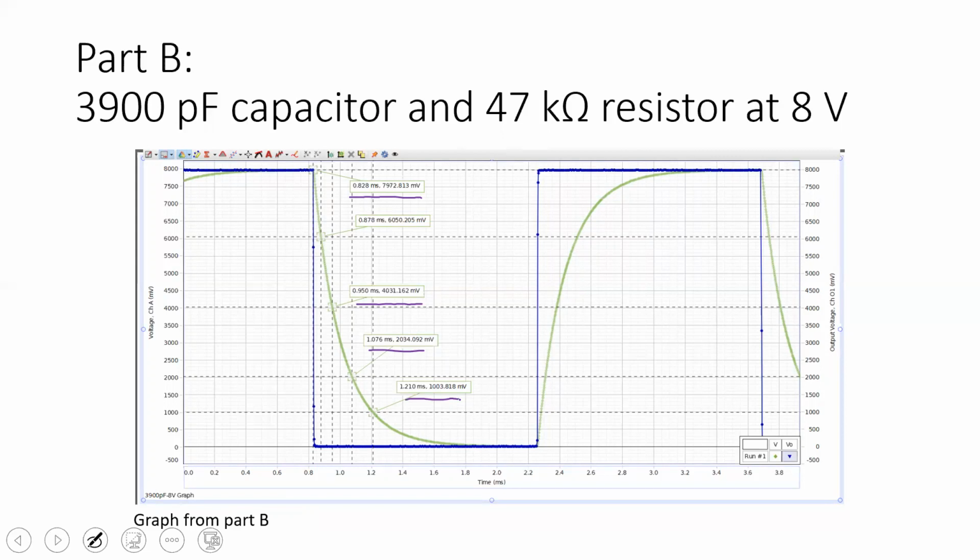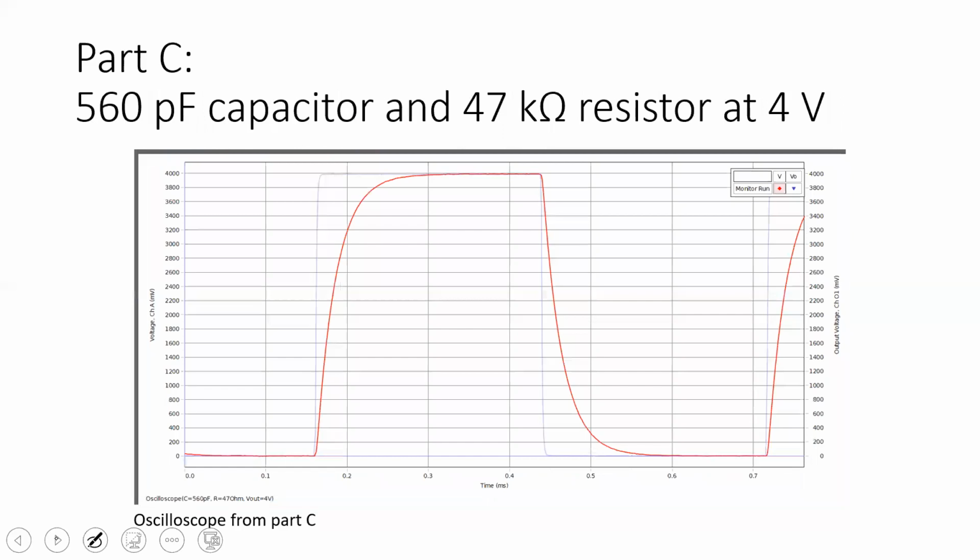All right, so then part C, we switch our capacitor value. So we're going to see, does that switch our half-life time? And if you read the directions for part C, you actually also have to switch your frequency of how fast your signal generator turns on and off. It's very faint in here, but you can see the signal generator is this faint blue line right here.